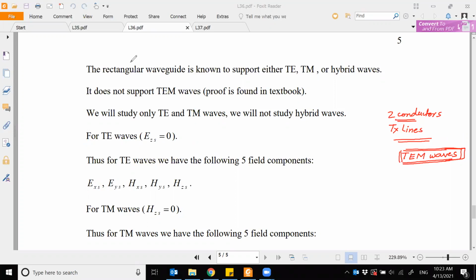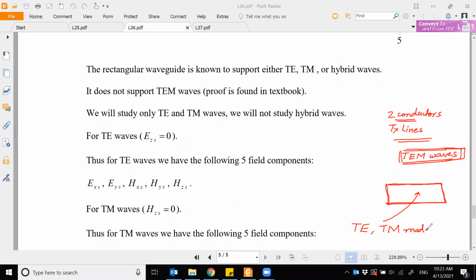Now here, when we are talking about a rectangular metallic waveguide, this rectangular metallic waveguide can support only TE or TM. Here we don't use the word waves, we use the word modes.